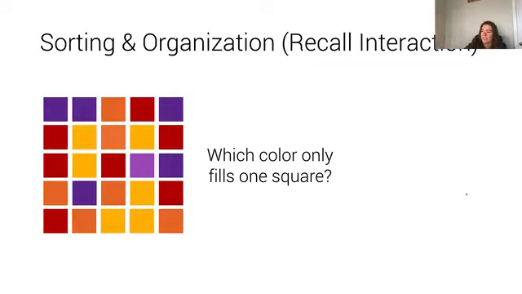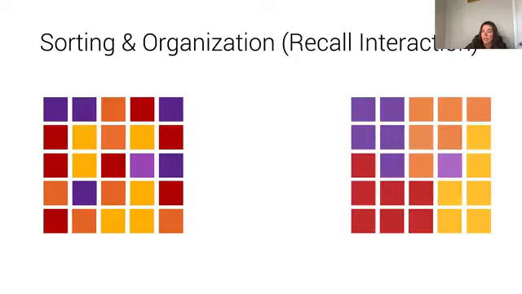You might notice that the only solo color here, the only lone color, is this magenta, this purpley lavender magenta here. But if I take this exact same heat map and reorganize it, I can very quickly find where the solo magenta color is, right here in the same spot. This is the exact same data, just presented in a different way, and it makes it much easier to figure out where that oddball is.